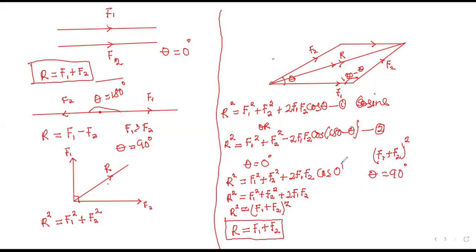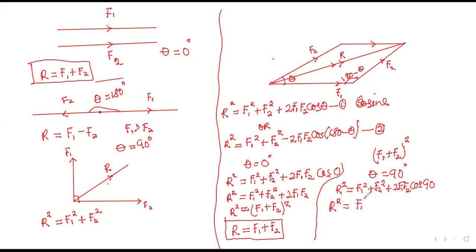We have r squared equal to f1 squared plus f2 squared plus 2 f1 f2 cos of 90. What is cos 90? It is 0.